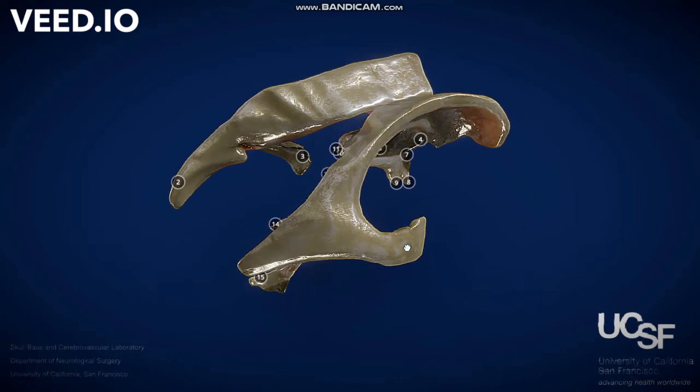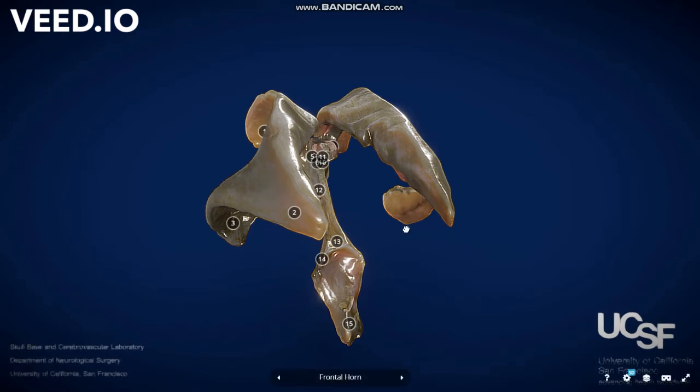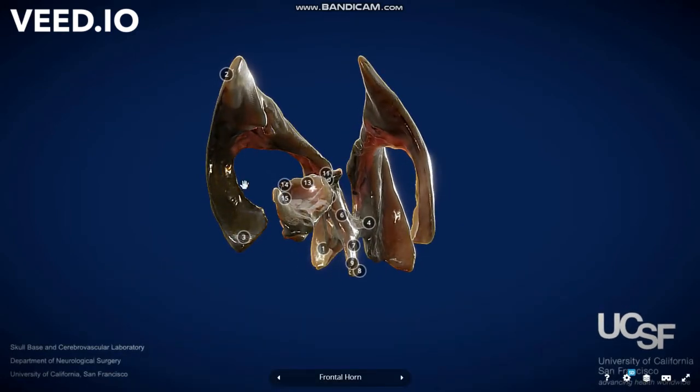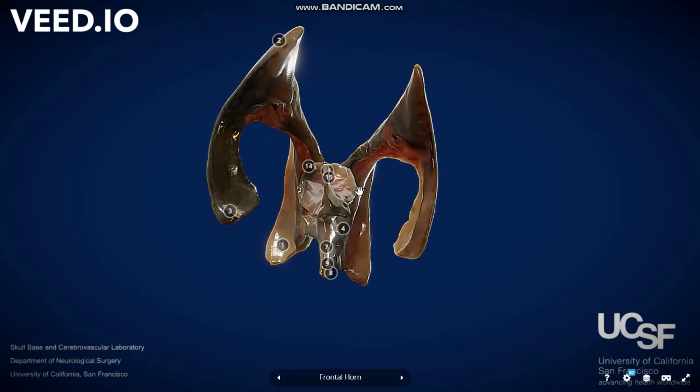So temporal horn also has an inferior surface. From below you can see the inferior surface of both temporal horns and both lateral ventricles, you can very well see, and this is the occipital horn.